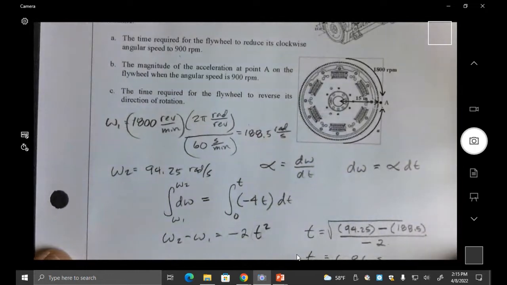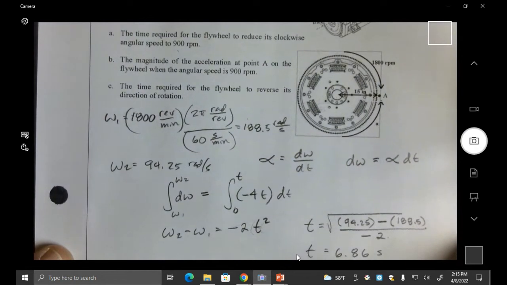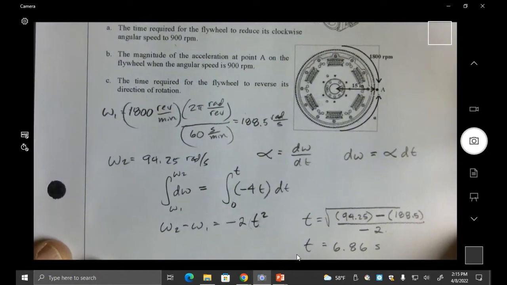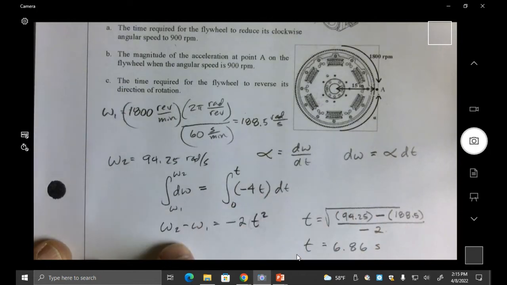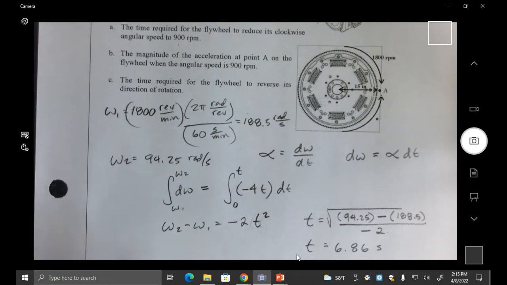We have omega as a function of t equal to omega naught plus alpha t, and omega 2, which is 94.25. Okay, there's way too many numbers. I'm sorry, I'm having a hard time following.